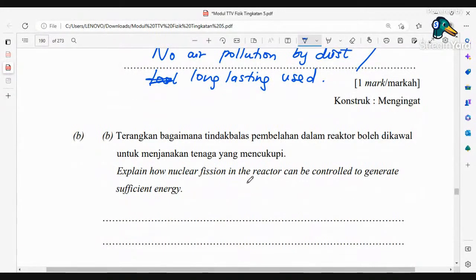How can nuclear fission in the reactor be controlled to generate sufficient energy? To control the chain reaction, we need to control the number of neutrons emitted. If we can control the number of neutrons, we can control the number of fission processes. So the number of neutrons bombarding the uranium must be reduced.